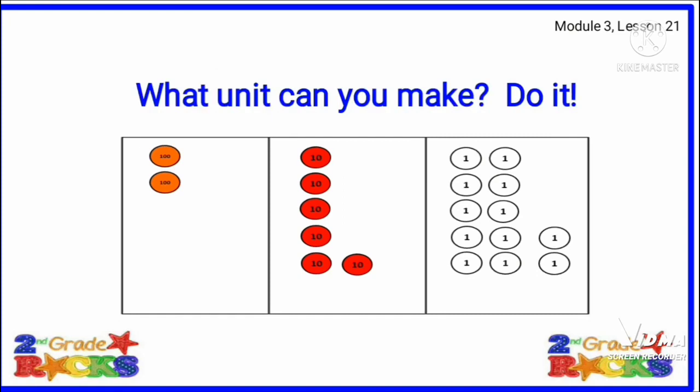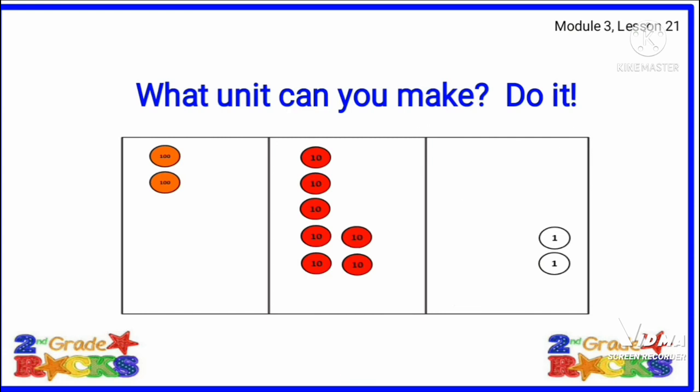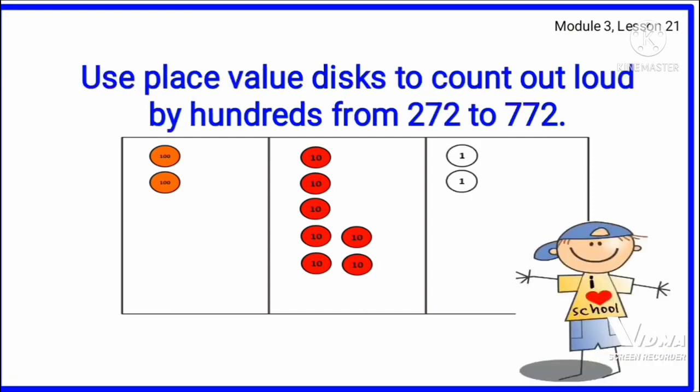Let's make a new unit. What unit can we make? We can bundle 10 ones and make it 1 digit of 10, can't we? Let's do it. So we have 272. Now use the place value chart to count out loud by hundreds from 272 to 772.